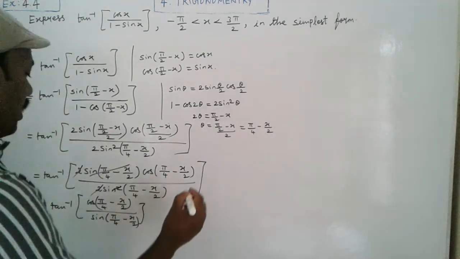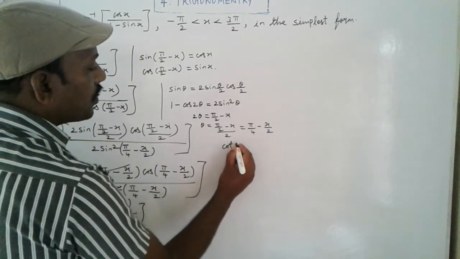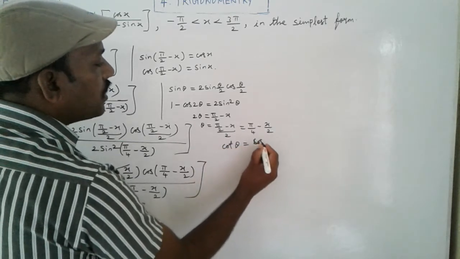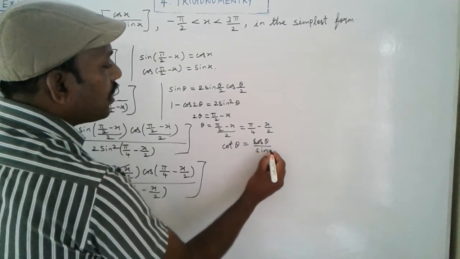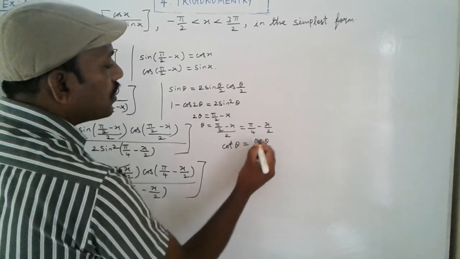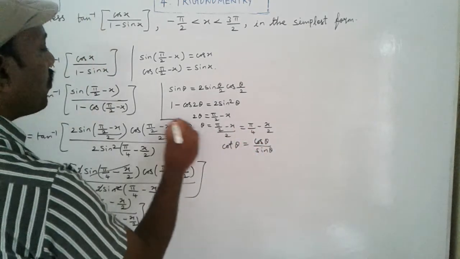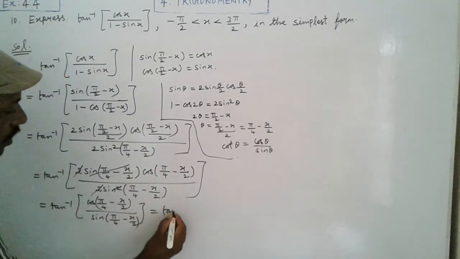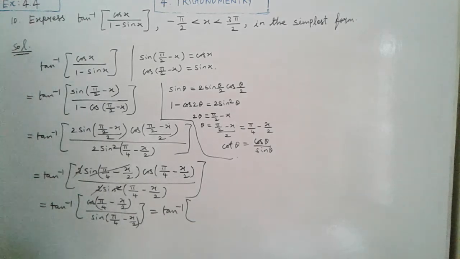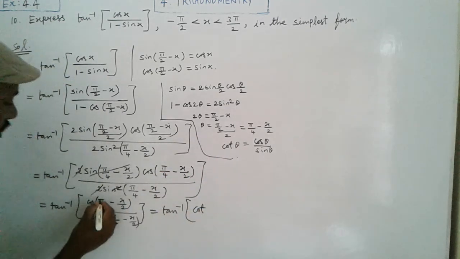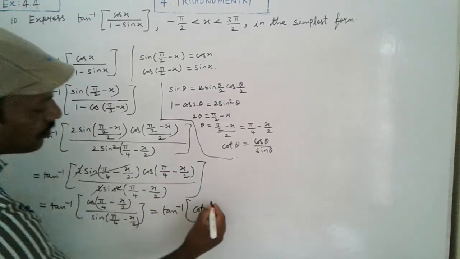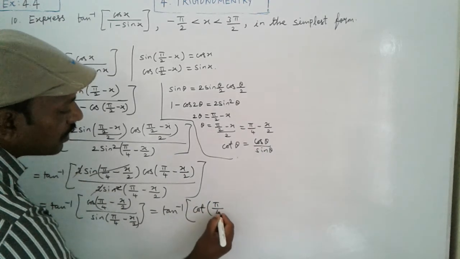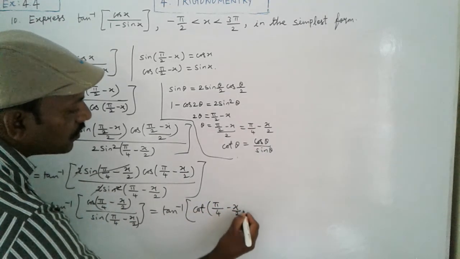We know that cot theta equals cos theta divided by sin theta, that is the formula. So we substitute this formula here: tan inverse of cos theta divided by sin theta is cot theta, so cot of (pi by 4 minus x by 2).